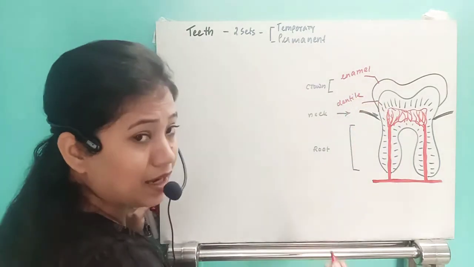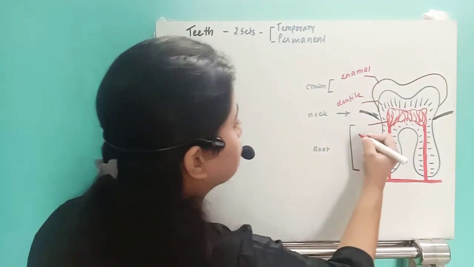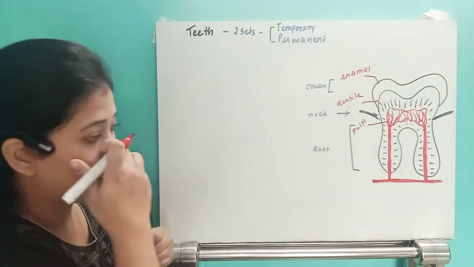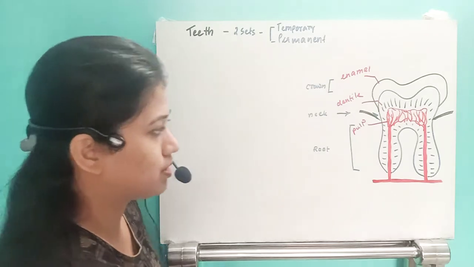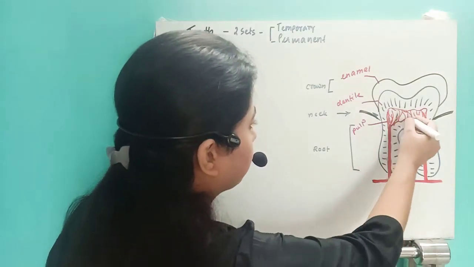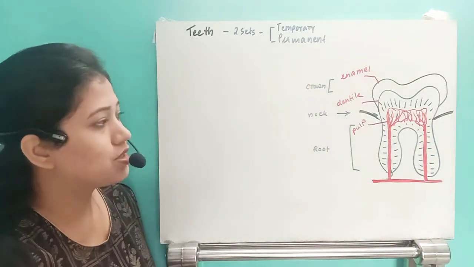And the third part, the innermost part, is known as the pulp or pulp cavity, where the blood vessels and the nerves are present. So this is the tooth.